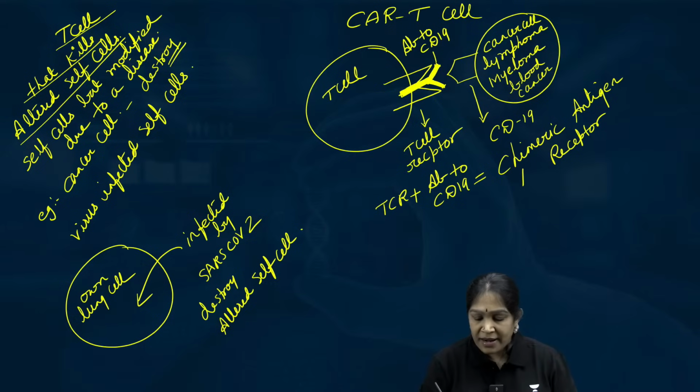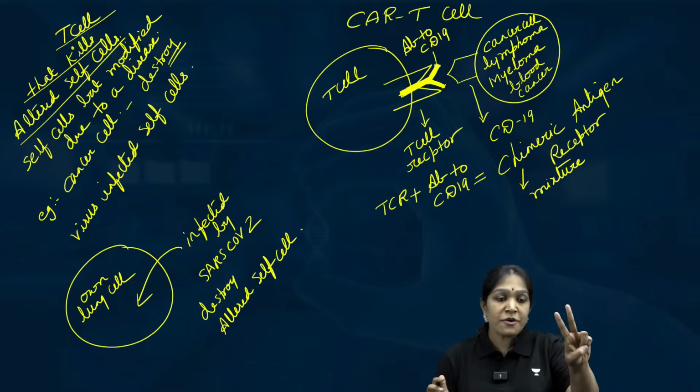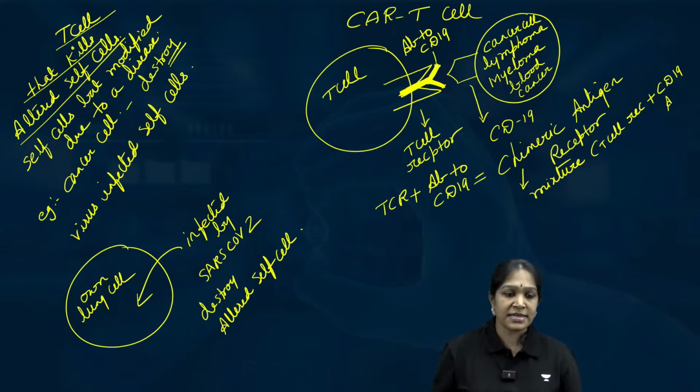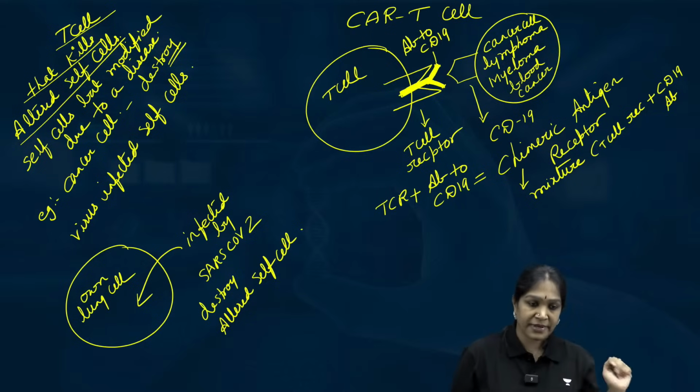Because the word chimera means mixture. It is a mix of two things. It is a mix of T cell receptor plus CD19 antibody. Is it clear? Therefore, it is called chimeric antigen receptor.